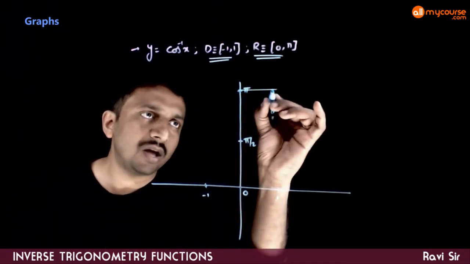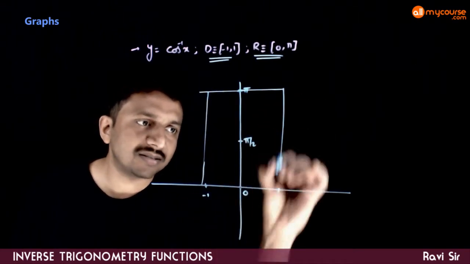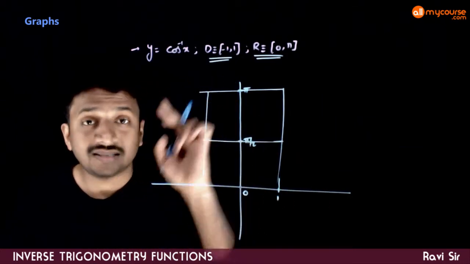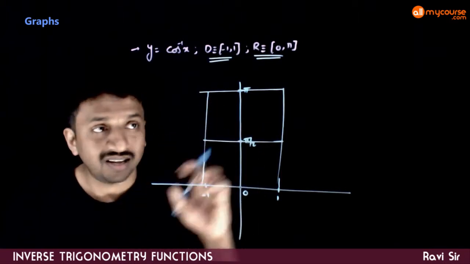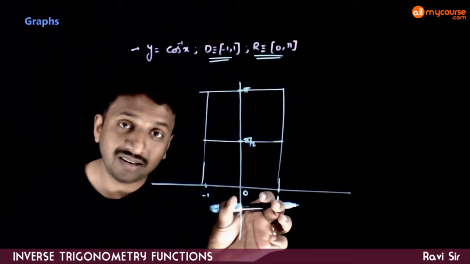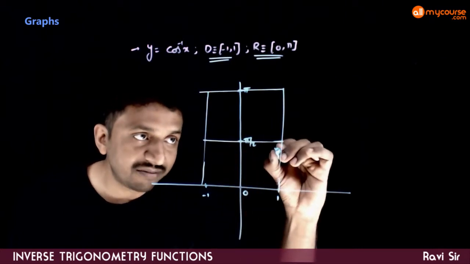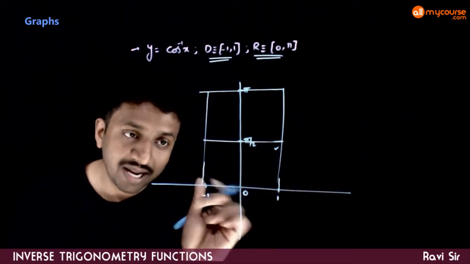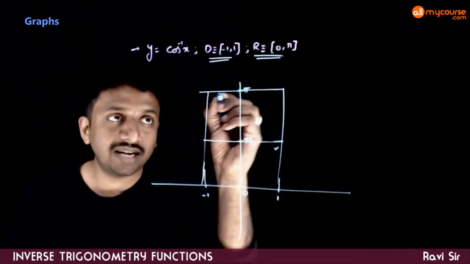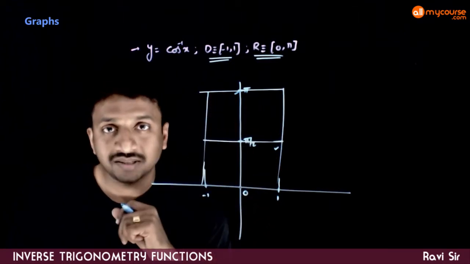Again, if you draw a small box like this, the graph of y is equal to cos inverse x has to lie in this box. Corresponding to positive values of x, the answer lies in the first quadrant. As you get a graph in this box, corresponding to negative values of x, the answers are in the second quadrant. As you get a graph in this part. So you get graphs in these two boxes.